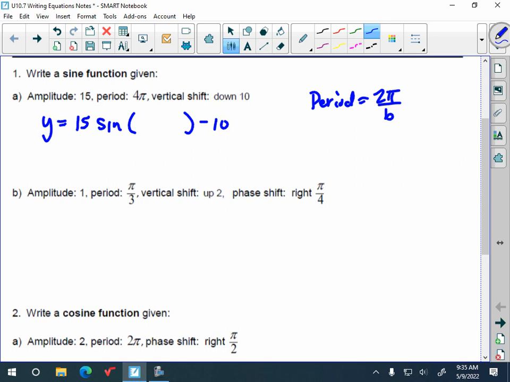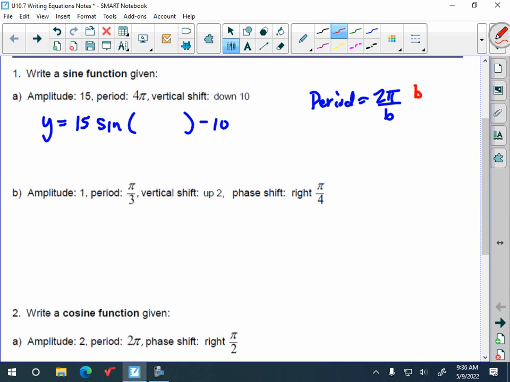But one thing that we can do is if we want to get B by itself, what could we do? How can we get B by itself? Anybody? Solve for B?